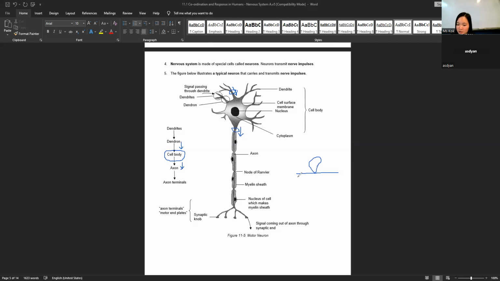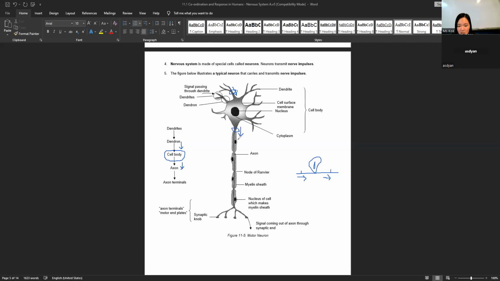If I give you the direction of the nerve impulse, then yes, you can determine that this one is the dendron and this one is the axon. Do you understand? Okay, good.